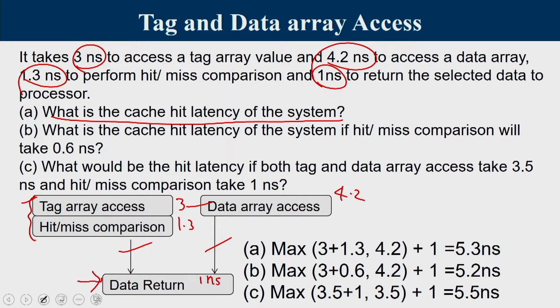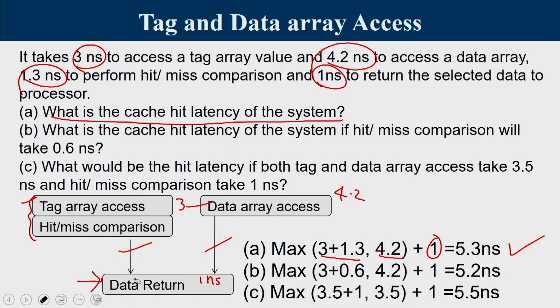So, on the left side it will take 3 plus 1.3, which is 4.3, to complete the tag array access and hit or miss comparison, and the right side will take 4.2. So, the left side is dominant. So, it is 4.3 plus 1, this 1 being the data return time. So, the hit latency is 5.3 nanoseconds.